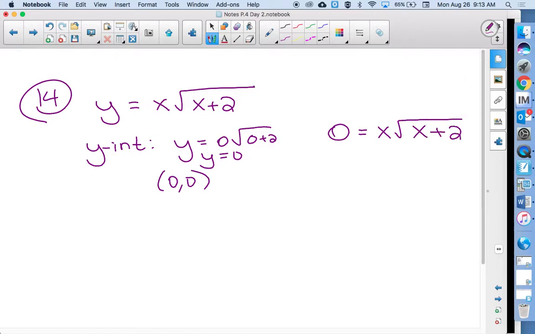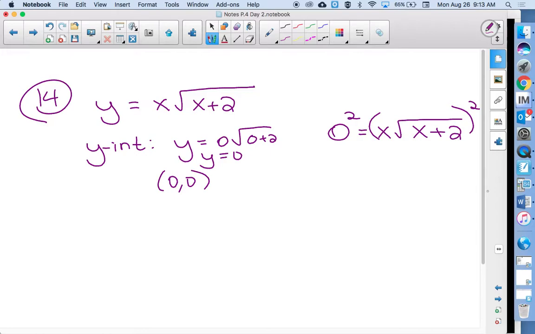So we have 0 equals x times the square root of x plus 2. How would you solve for x? Okay, so she said you would square the right side of the equal sign. So this side over here? Is that what you're saying? And why are you squaring the right side of the equal sign?